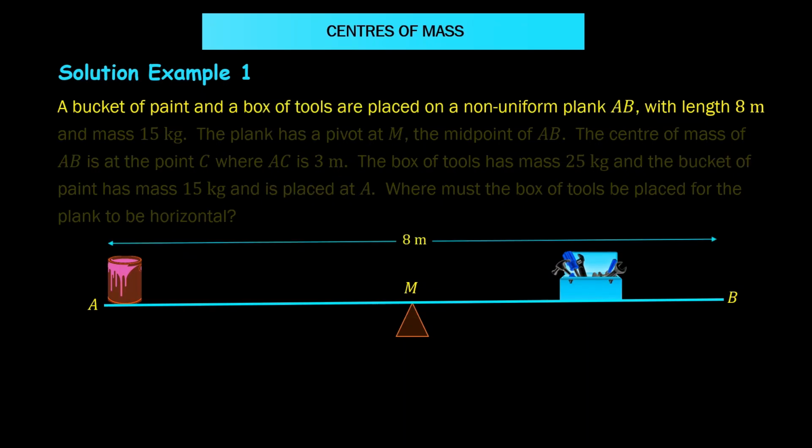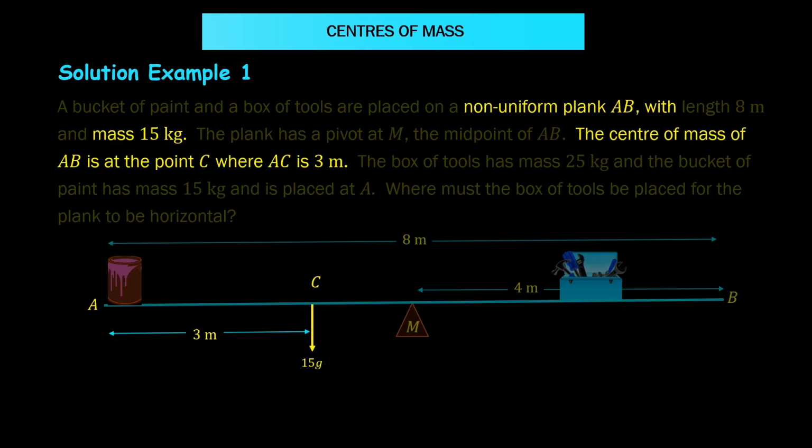The length of the plank AB is 8 meters, as shown here. And since M is at the midpoint, the length MB is 4 meters. The center of mass of AB is at the point C, where AC is 3 meters, as shown here.